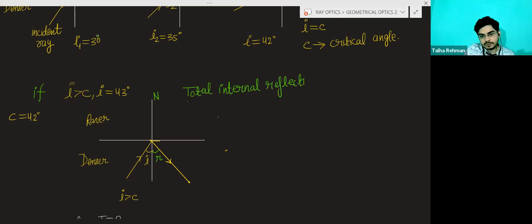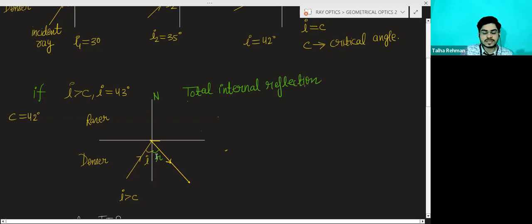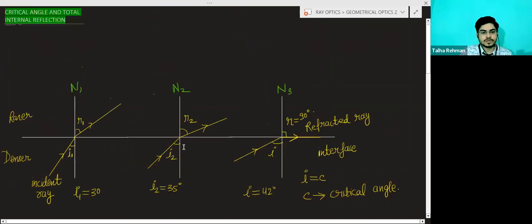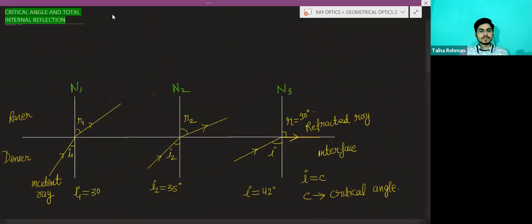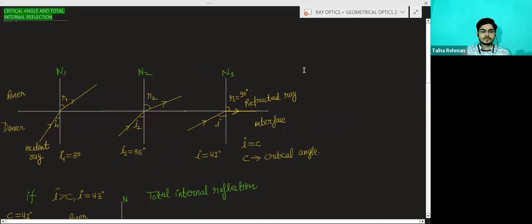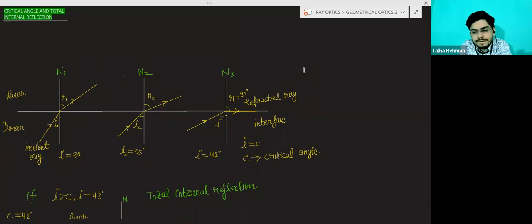If this is the condition of reflection, then angle I and angle R both will be equal. So on increasing the angle of incidence, the condition is that light should go from denser to rarer medium.